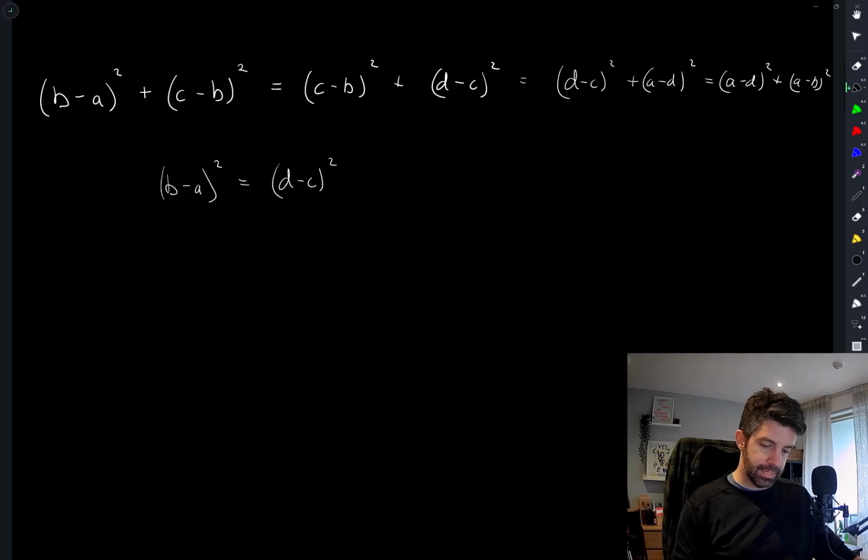And if I look at the second and third lengths, I also have a cancellation. I need (C minus B) squared to be equal to (A minus D) squared. And we get relations for all of these.